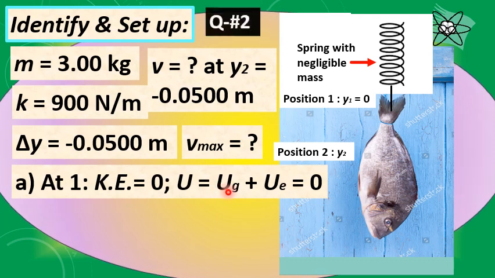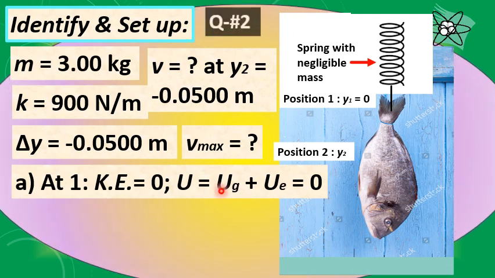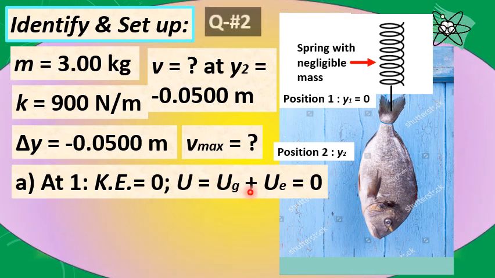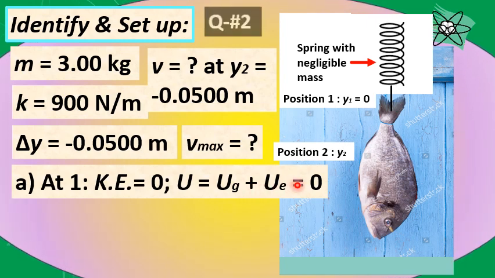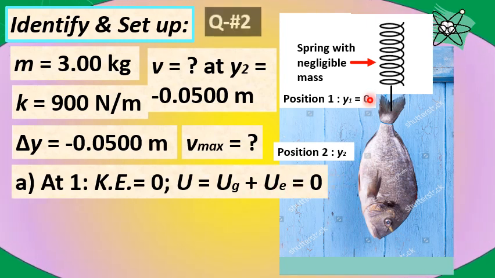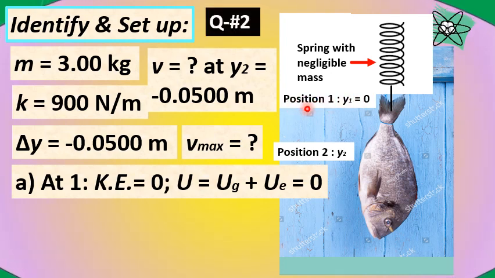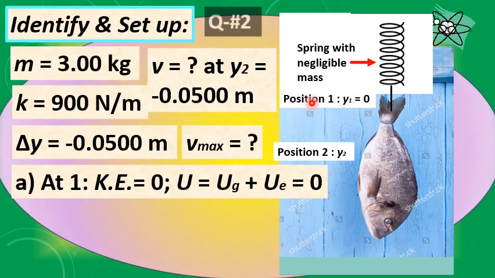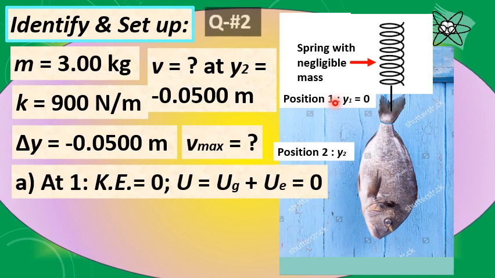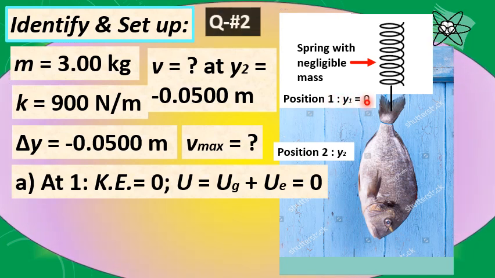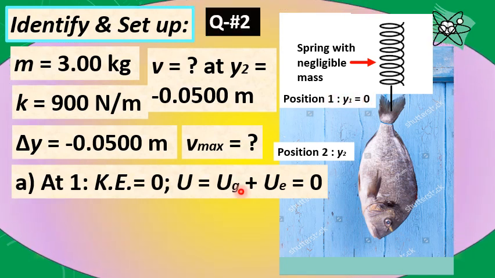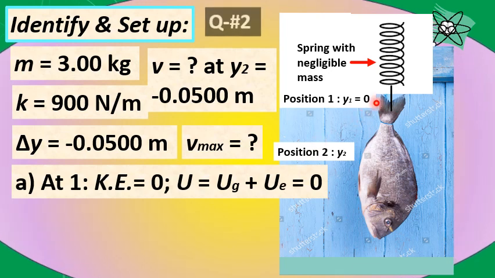Its gravitational potential energy, capital U sub G, is also 0 because we choose the reference level as position 1. At that position 1, denoted by y sub 1 equals 0, it's understood that the gravitational potential energy must be equal to 0.